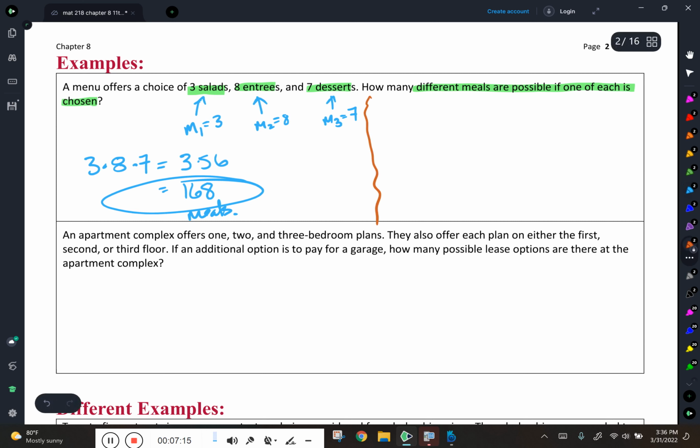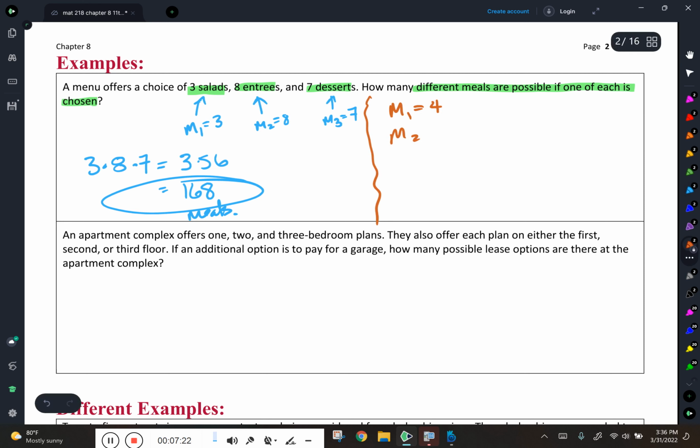Now, here's where we have to be careful, because someone else could read this problem and say this. Which would mean that for them, they would get, what would they get? Let's clear that out. They would get 4 times 9 times 8.